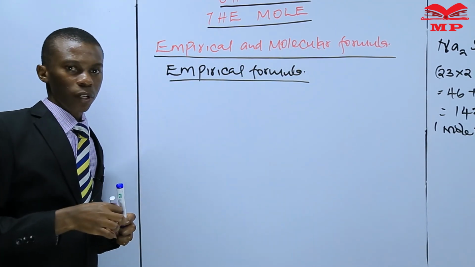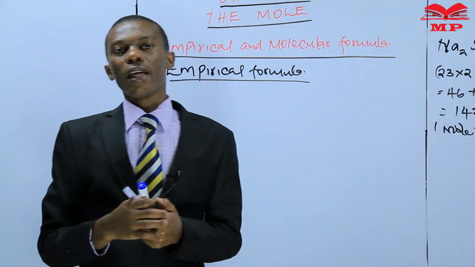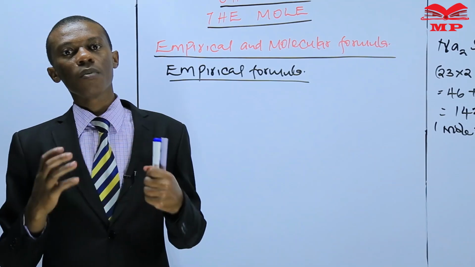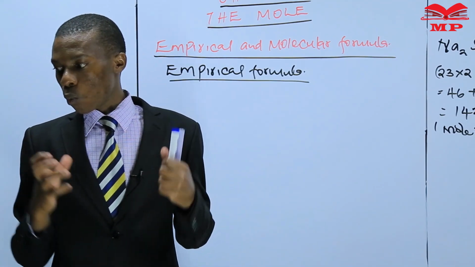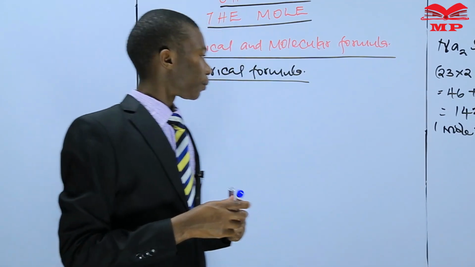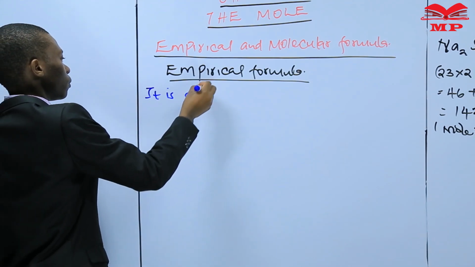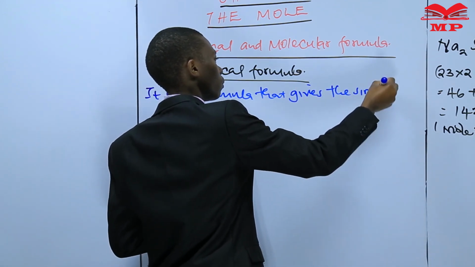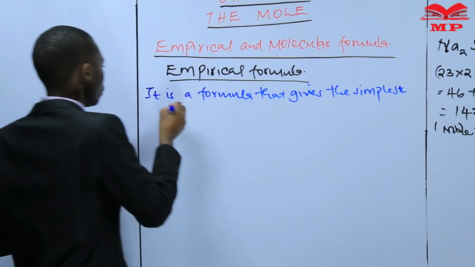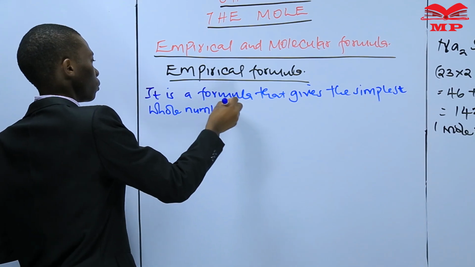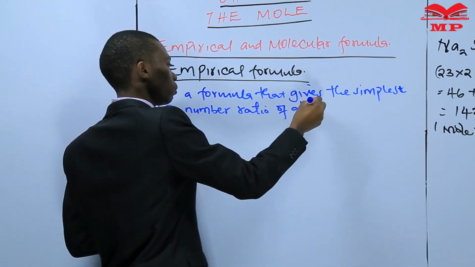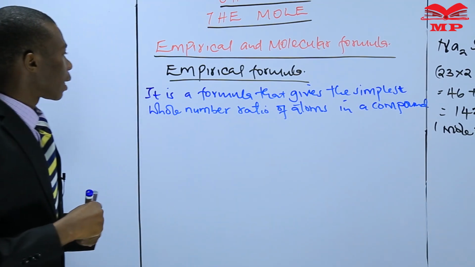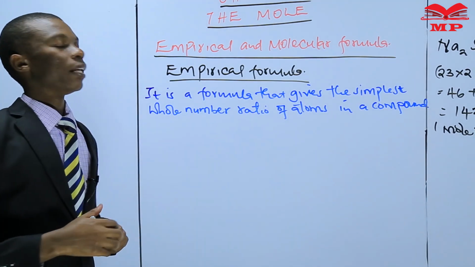I'll start by defining empirical formula and say that it is a formula that gives the simplest whole number ratio of atoms in a compound.